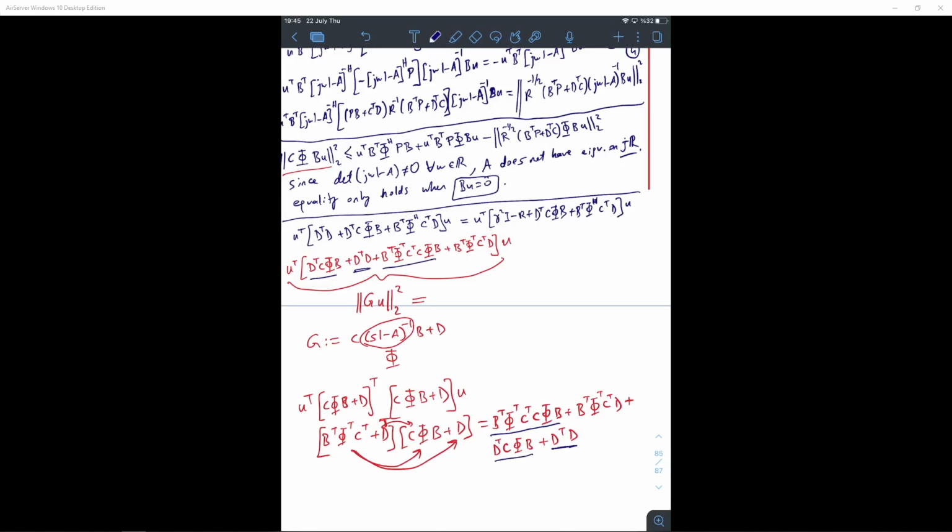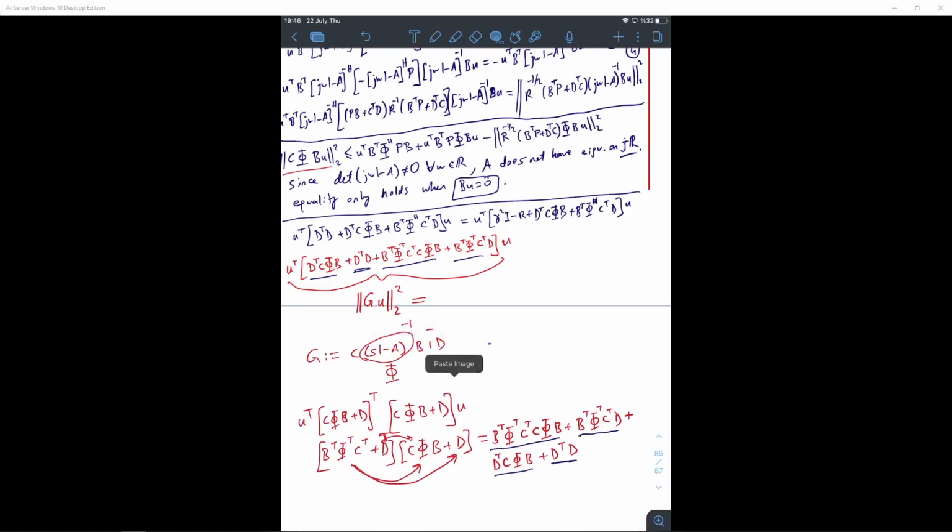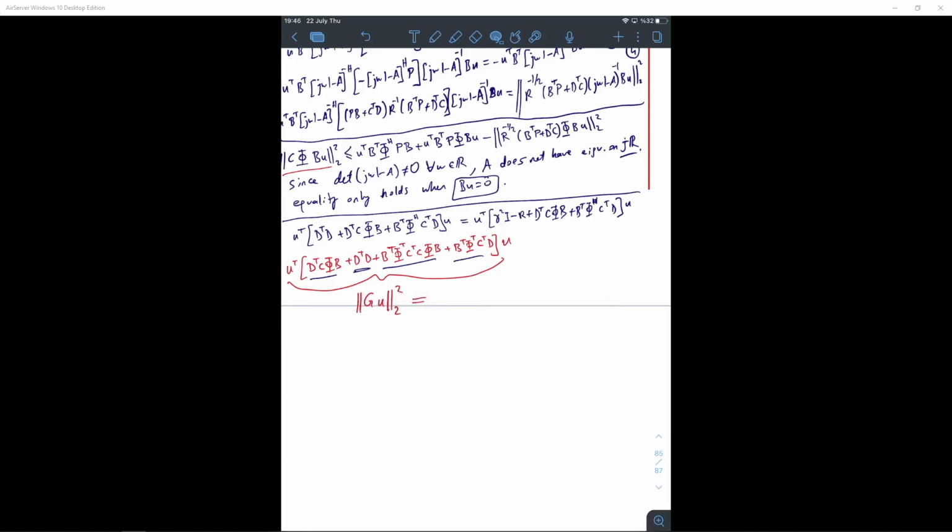Yes, this matches. And also B phi C D. Okay, so the calculation checks out, and I'm just going to delete that because I need space, right? Come on, delete. Okay.